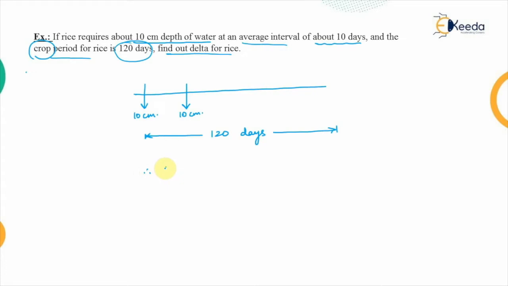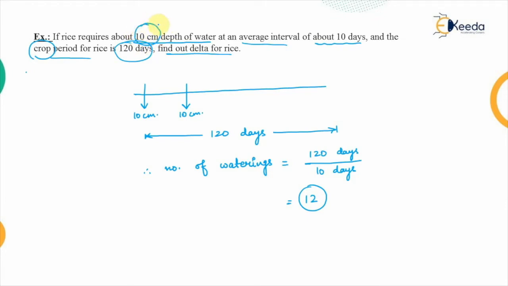Therefore the number of waterings, that means the number of times irrigation will be carried out, will be calculated as the crop period, that is 120 days, divided by the number of days after which the irrigation is required. So after every 10 days the irrigation has to be carried out. So the total number of waterings will be equal to 12. And in each watering, that means each time, 10 centimeter of water has to be supplied.